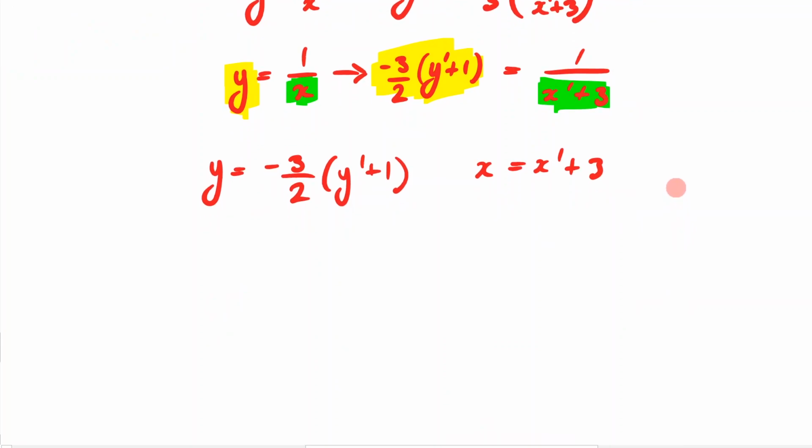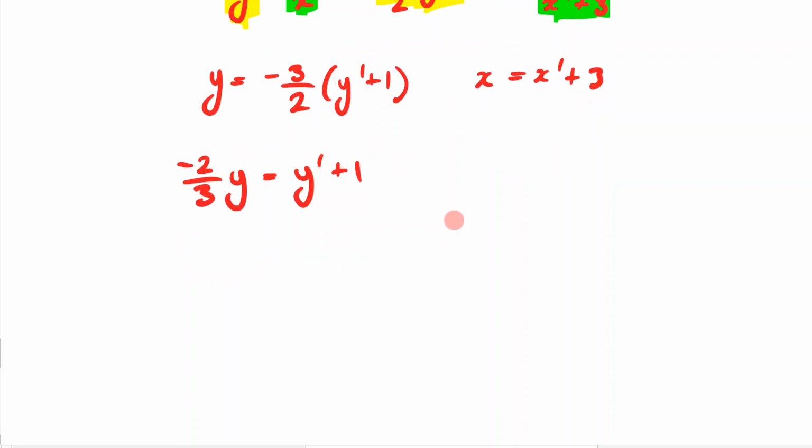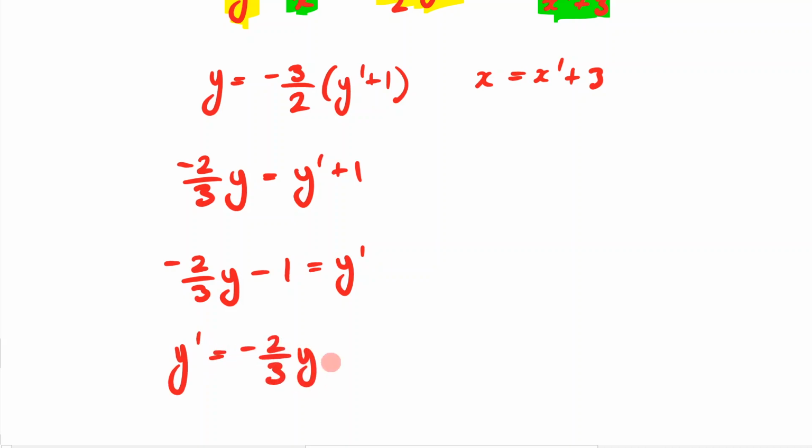Okay, so that means I'm going to end up with, over here, negative 2 on 3y is equal to y dash plus 1. Then it's going to be negative 2 on 3y minus 1 is equal to y dash. So that means y dash is equal to negative 2/3 y minus 1.